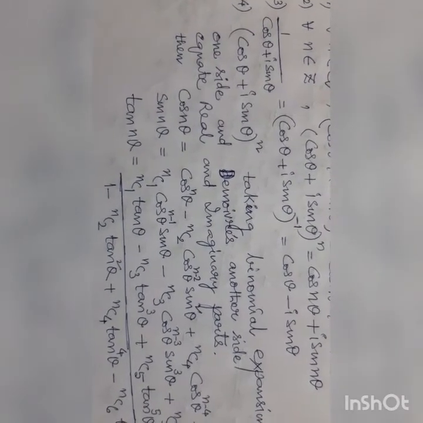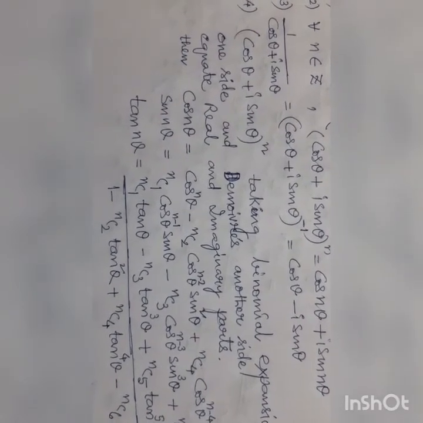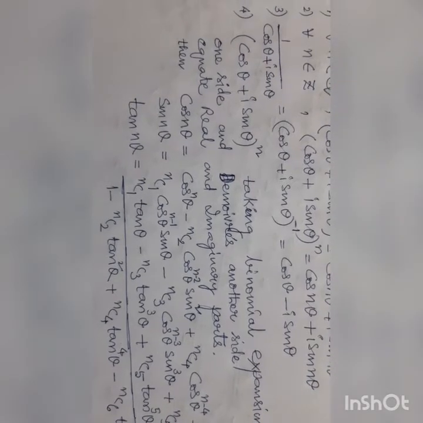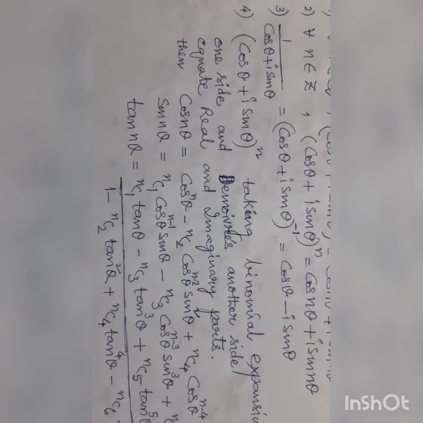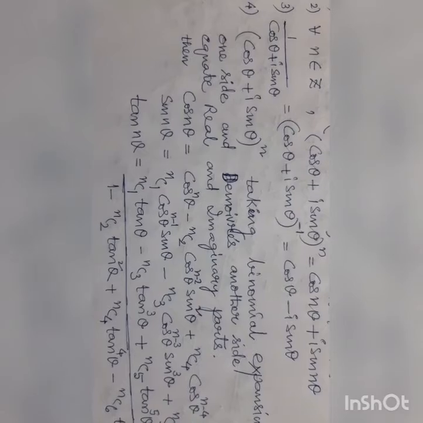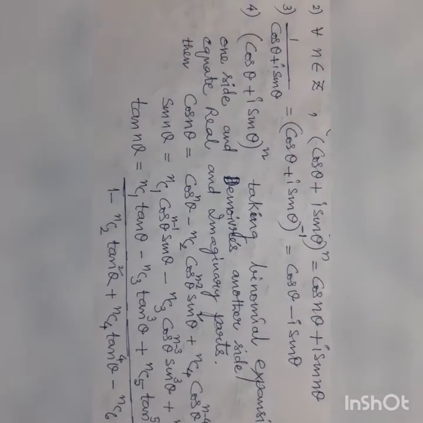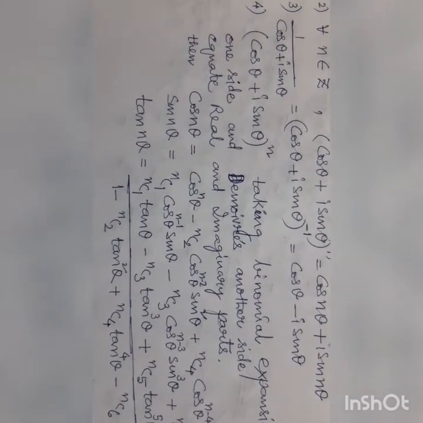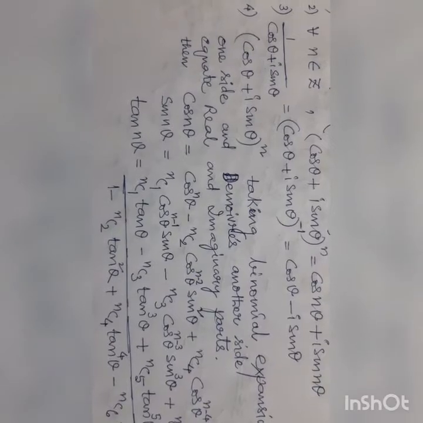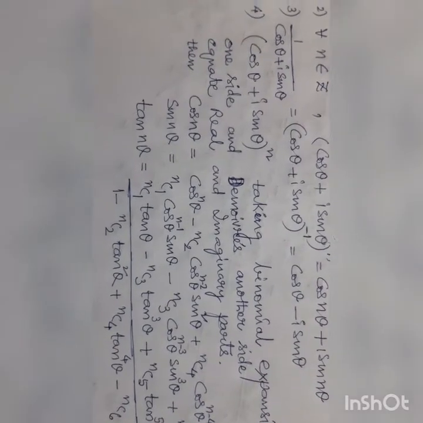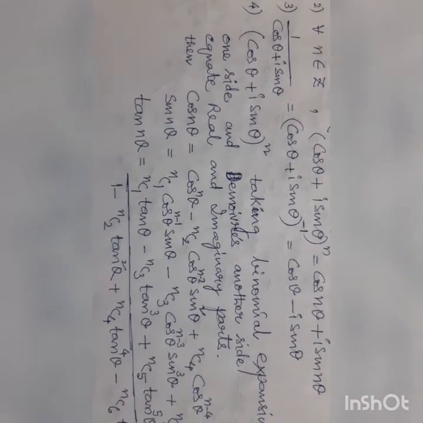What is De Moivre's? Cos n theta plus i sin n theta. And then please compare and equate real and imaginary parts. The real part is cos n theta and the imaginary part is sin n theta.